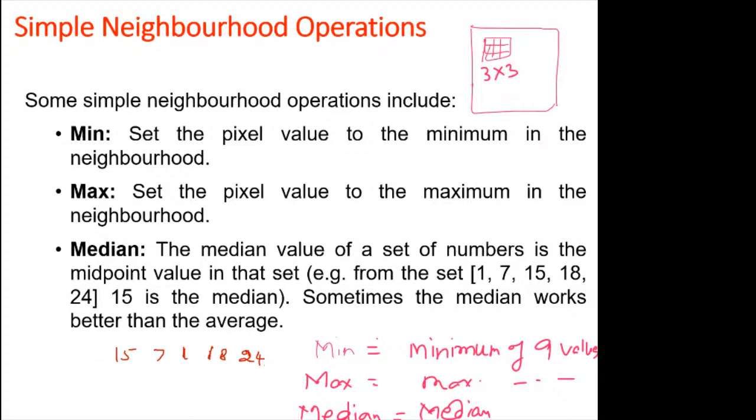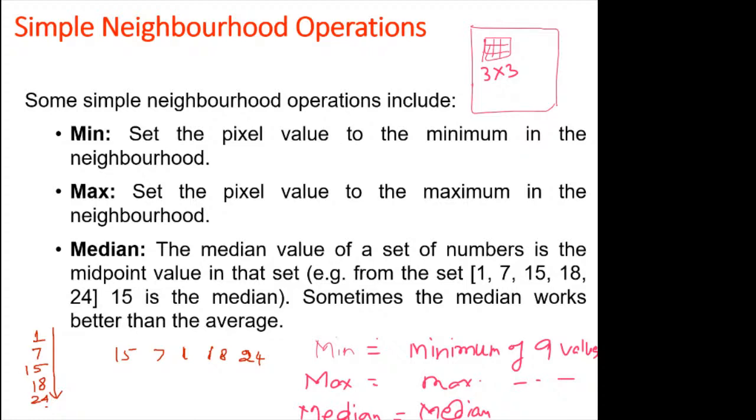Then you arrange them in either ascending or descending order. If I arrange them in ascending order, it becomes 1, 7, 15, 18 and 24. It increases like this, okay? 1 is the least, 24 is the highest.